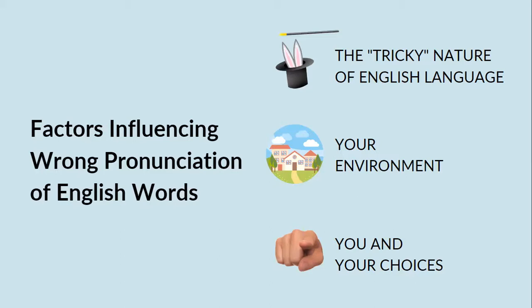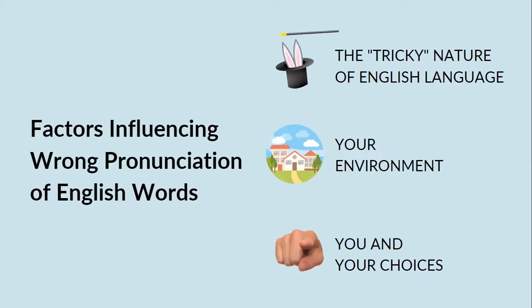Then finally, the reason you would be mispronouncing so many words or doing things the wrong way is you, and the choices you make. Now, you don't have full control or even any control over the first one. You might have some sort of control over the second one, which is your environment.